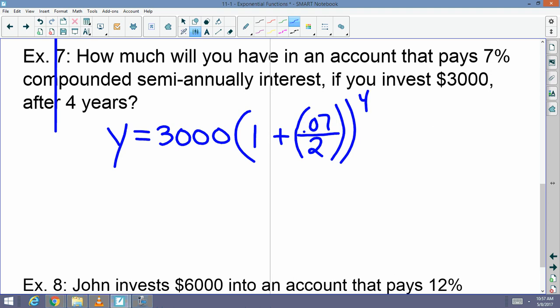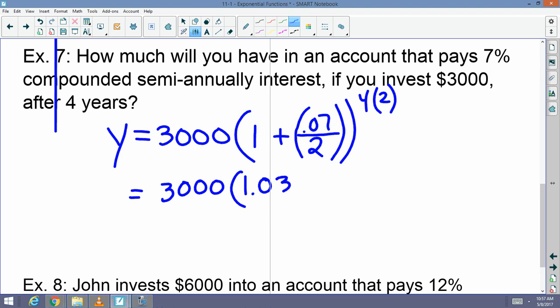Be careful here in your calculator. Yes, to the n power. A lot of people do it differently. Some people will go 0.07 divided by 2, and then add the 1 immediately. If that makes your life easier, you absolutely can.